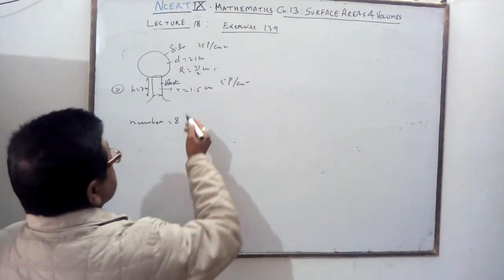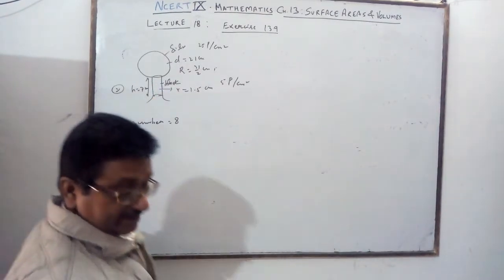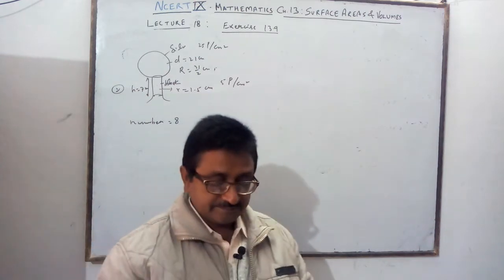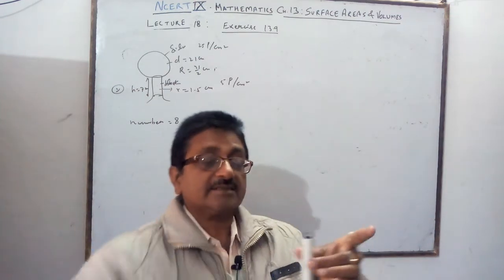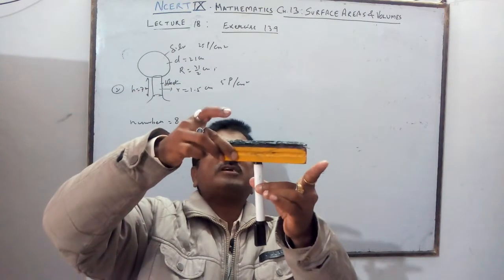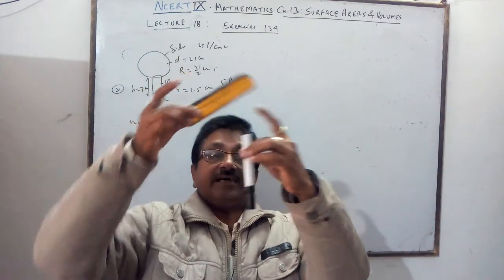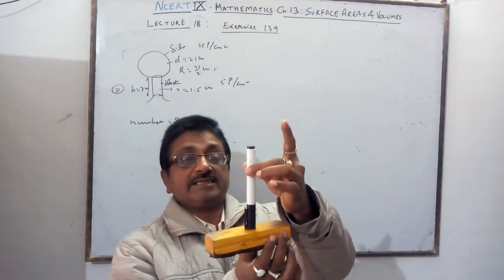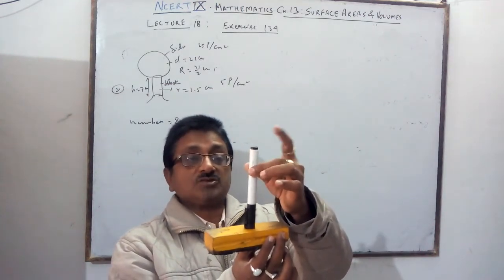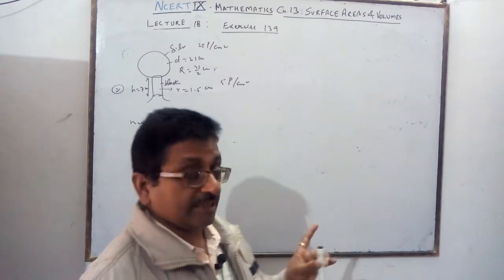Very simple. First you see that if you are putting anything like this here, the top of the cylinder will be covered, and the bottom of the cylinder is also against the wall. So only the CSA of the cylinder will be black.